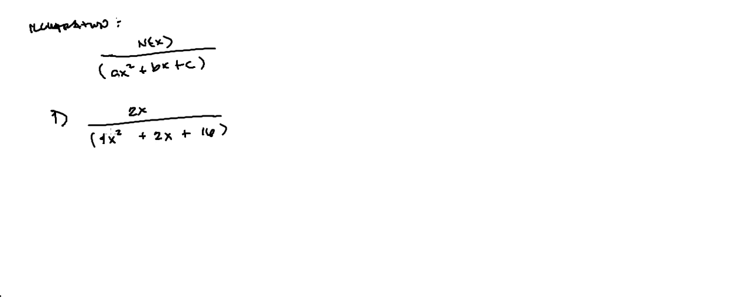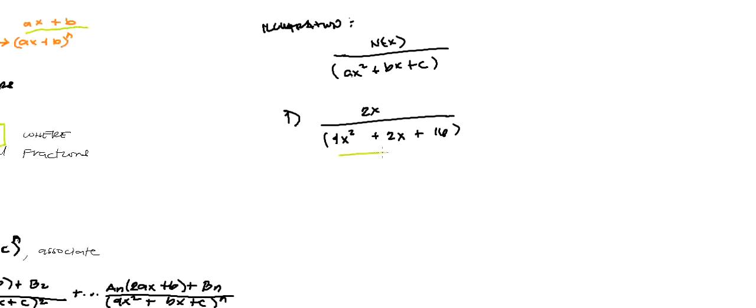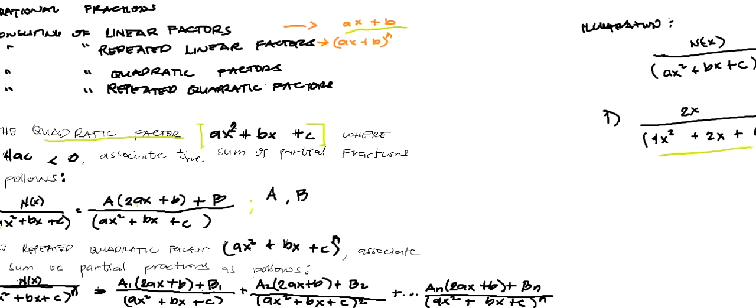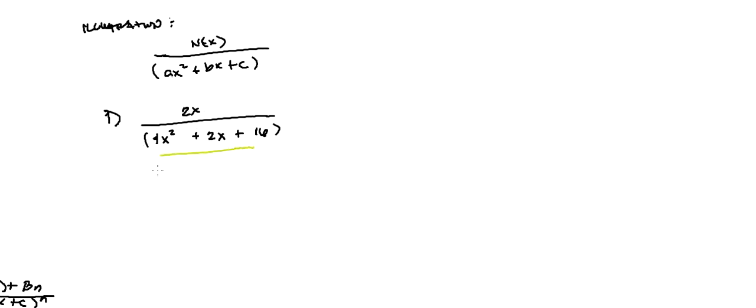Okay, so since this is our quadratic factor in the form ax squared plus bx plus c, our a here is 4, our b here is 2, then our c here is 16.